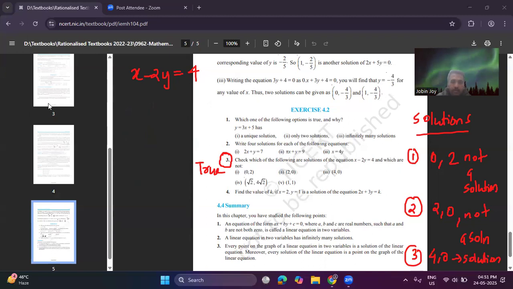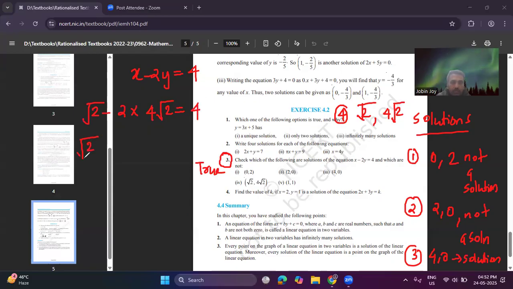Then next one, fourth one. What is that? Root 2, 4 root 2. Okay. So x is root 2 minus 2 into y. What is the value of y? 4 root 2 equal to 4.